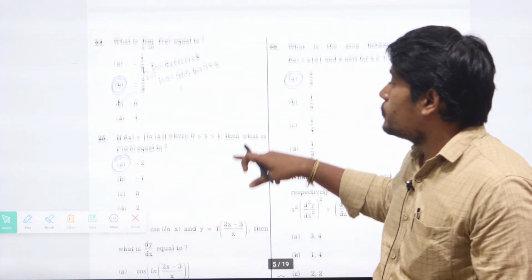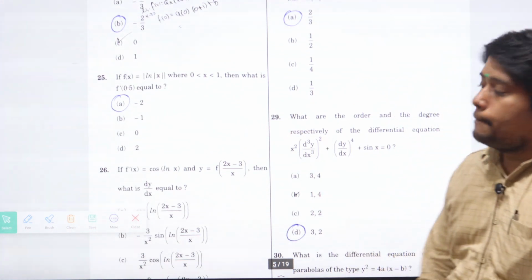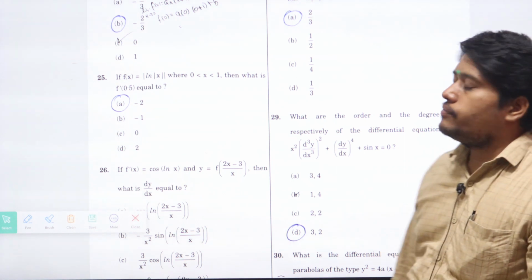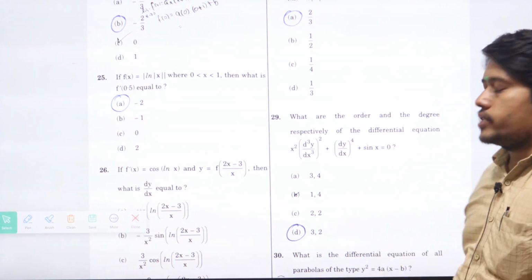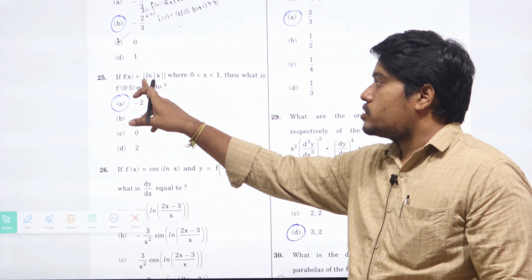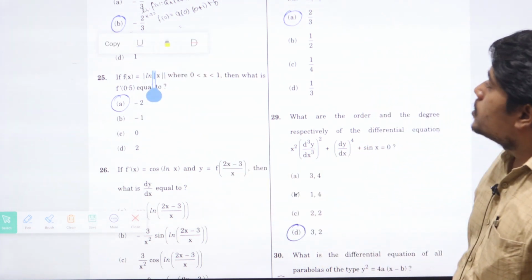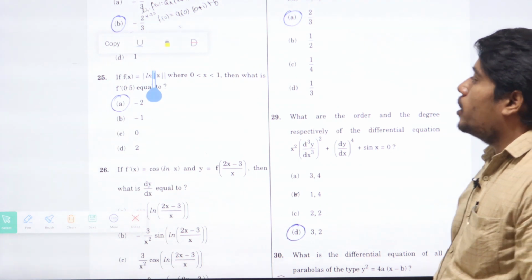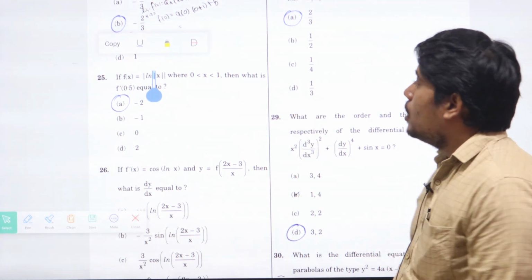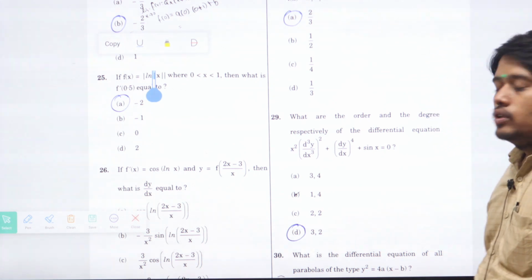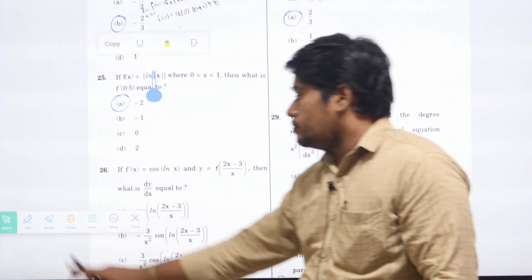Next, question number 25. If f of x is equal to modulus of ln of modulus of x, where 0 is less than x less than 1, then what is f dash of 0.5? This is a modulus function.